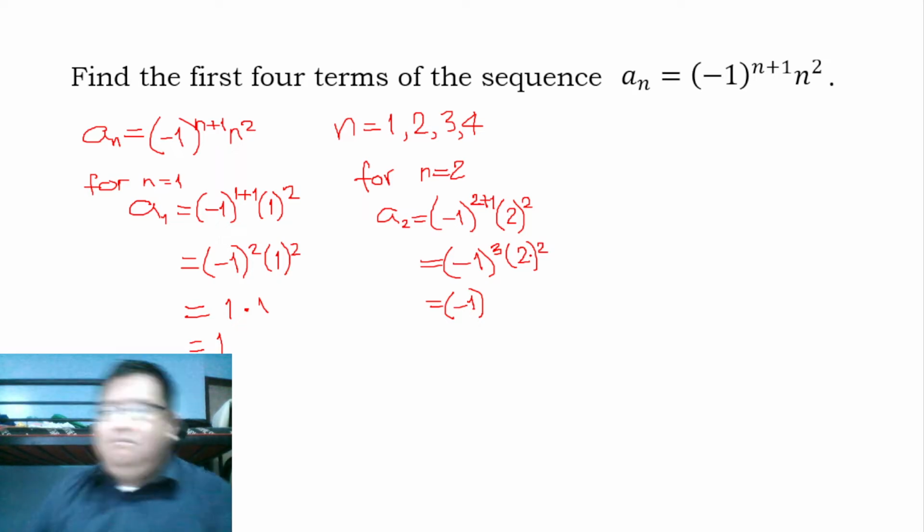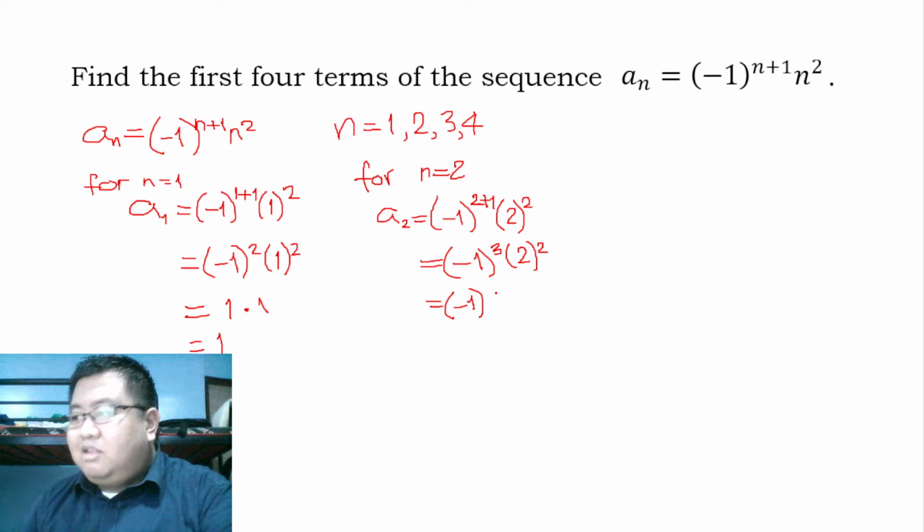Got it? So 2 times 2 is 4. And negative 1 times 4 would be negative 4. Our second term is negative 4. First term is 1. Second term is negative 4.